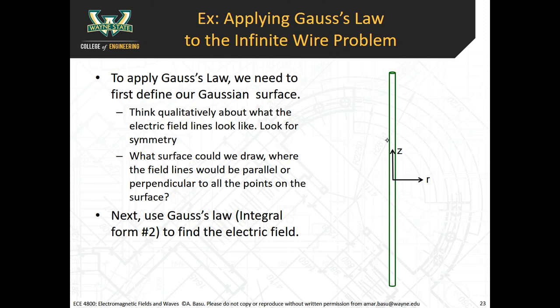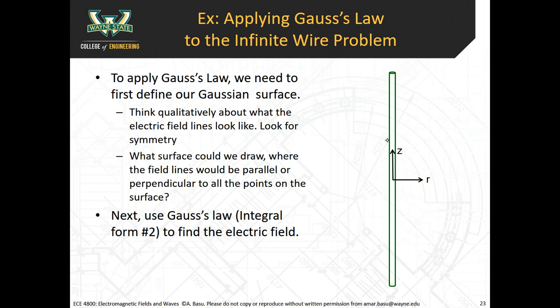Now, to apply Gauss's law, we have to first define a Gaussian surface. And when we define the Gaussian surface, this is the key step here. This will save us a ton of math as long as you know how to do it. The key thing is you want to define a Gaussian surface where the electric field lines will be uniform everywhere.